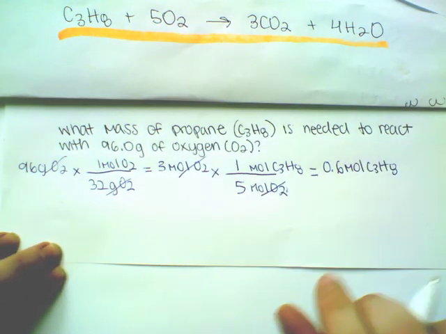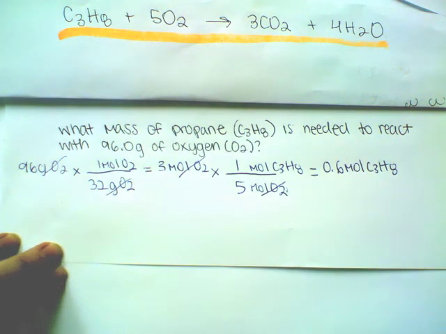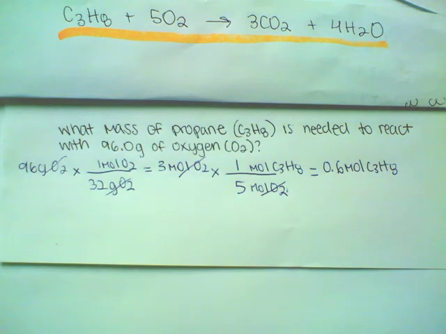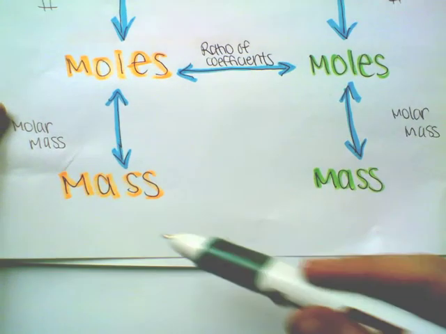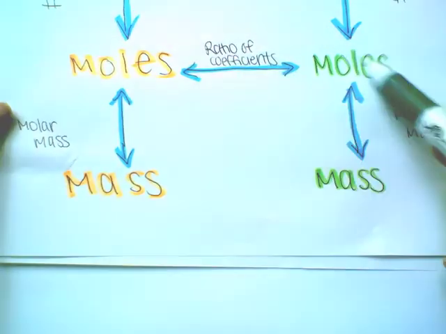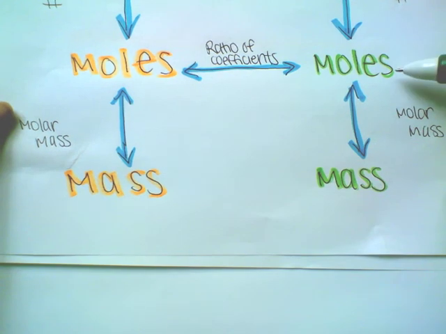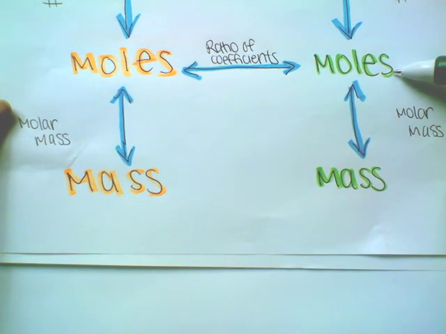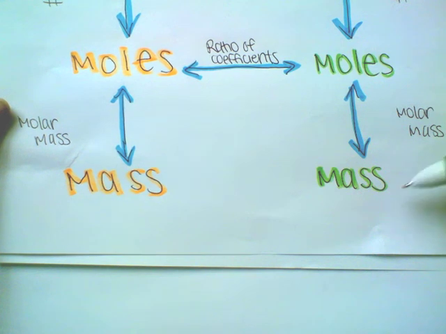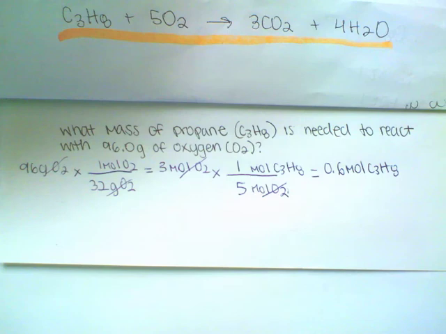Now it's very, very important that you include your units. That allows me to see where I'm at and what I'm going to be using in the next step. We went mass to moles, moles to moles. We're on our last step. Now that we have moles of the substance that we are looking for, we can convert that into grams.